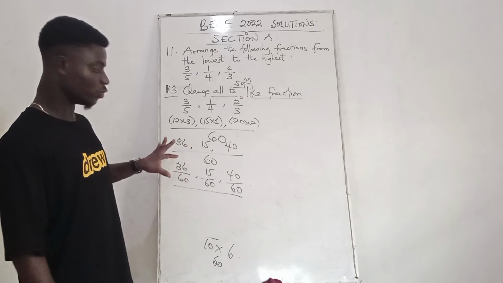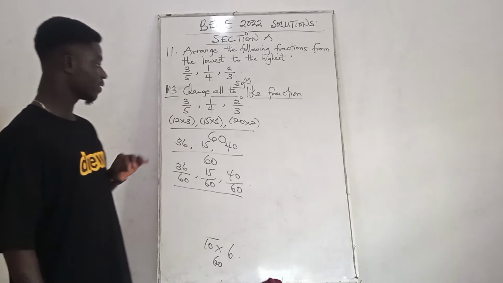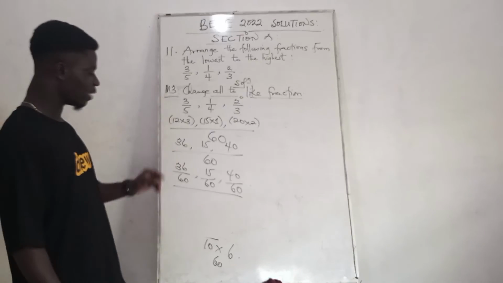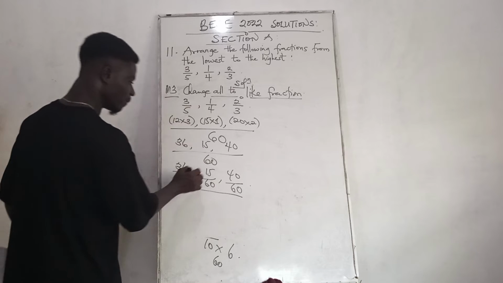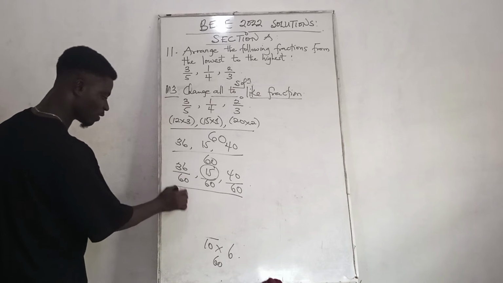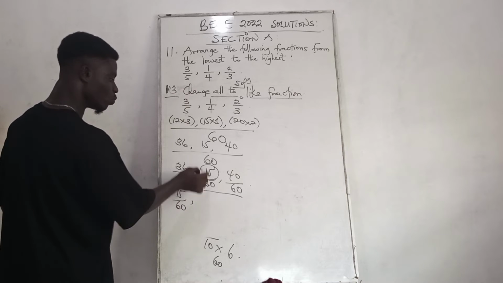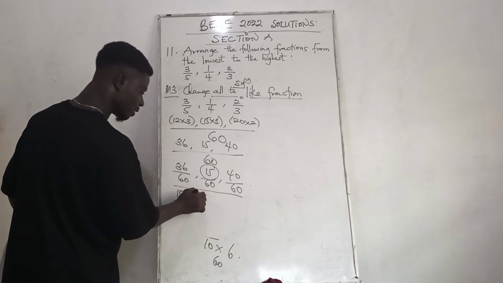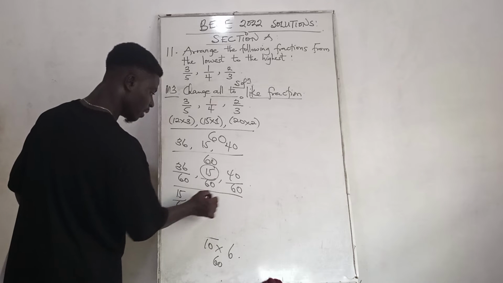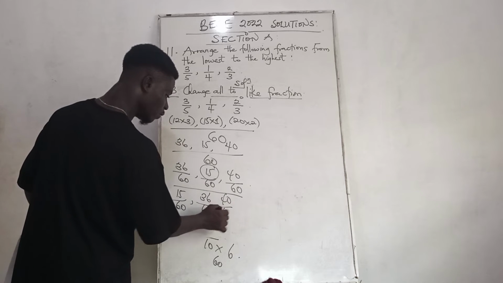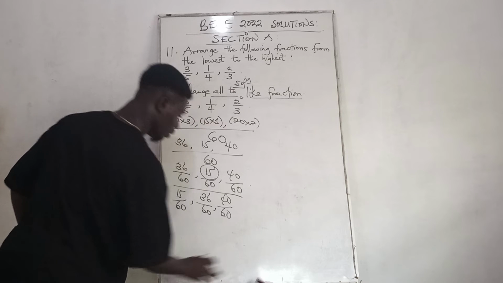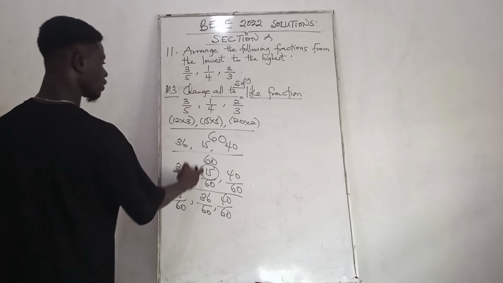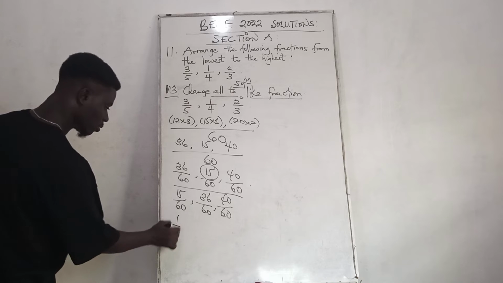Comparing using their numerators, which one is the smallest here? 15. So that's 15 on 60, then 36 over 60, then 40 over 60. Then 15 over 60 corresponds to 1/4.